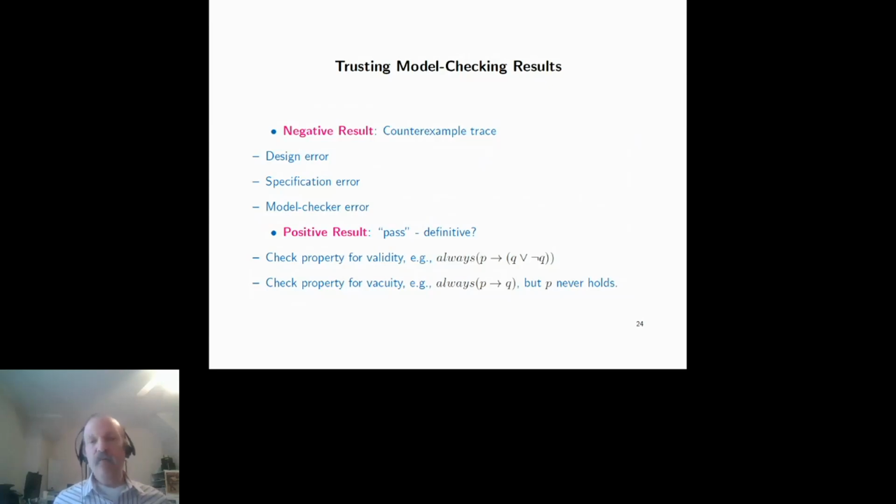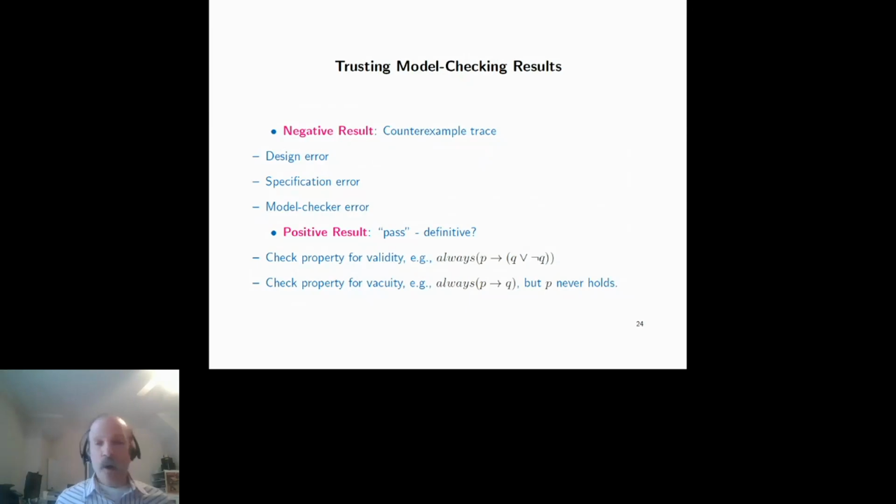For example, check your properties for validity. Maybe your property is always Q or not Q. Now, of course, nobody would write such a stupid property, but maybe there are two Boolean expressions, in the antecedent and in the consequent, that complement each other. So this property is always true because Q or not Q is always true. So check your property for validity. Also, there is a concept that evolved called vacuity.